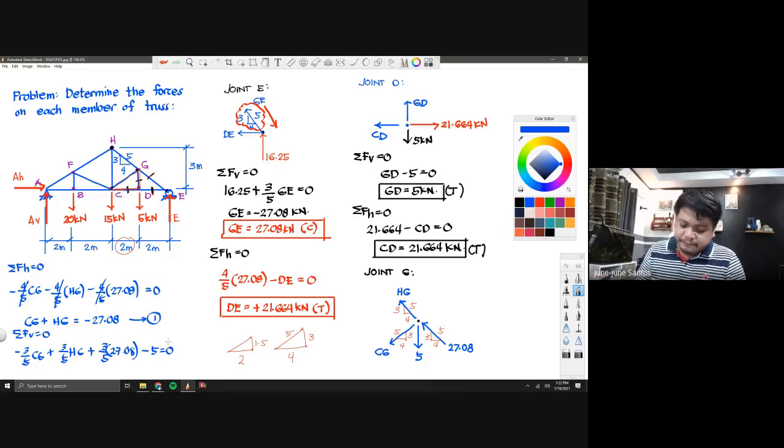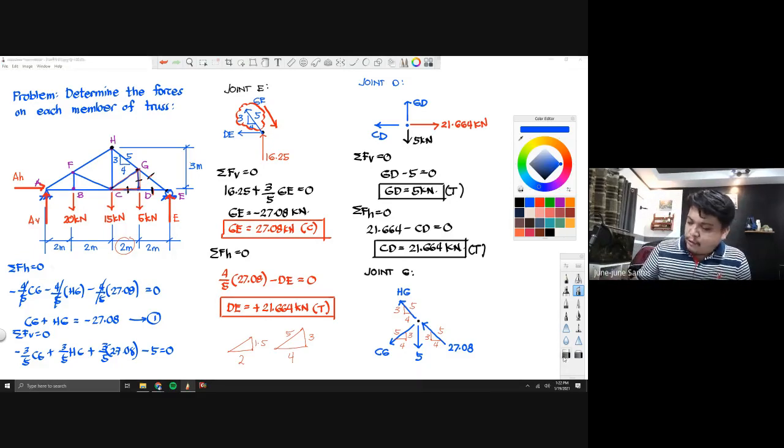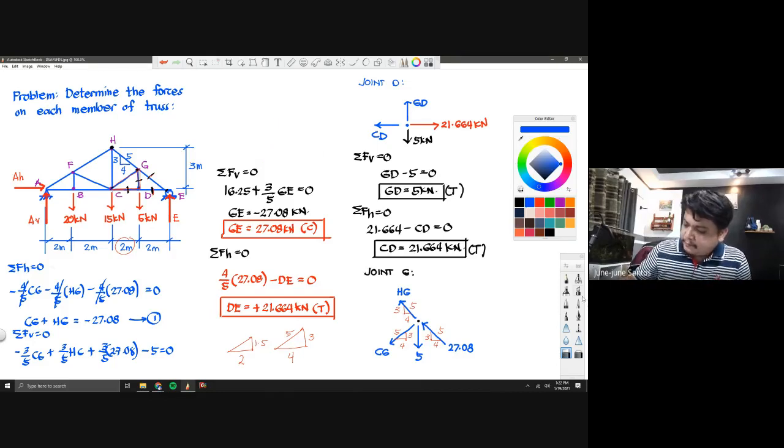So, ilipat natin yun sa kabila. Negative 3 all over 5 of CG plus 3 all over 5 of HG equals to 5 minus 3 all over 5 of 27.08. So that is negative 11.248. And this is now equation 2.